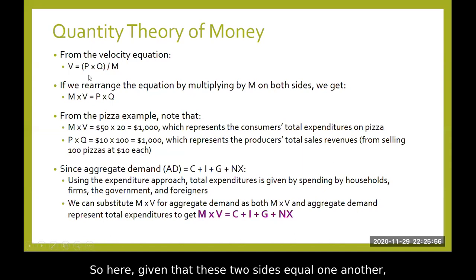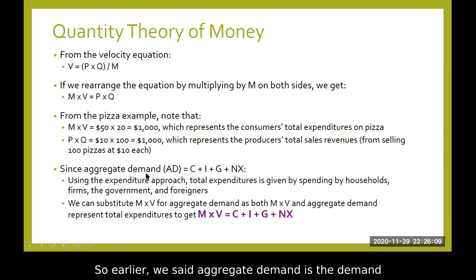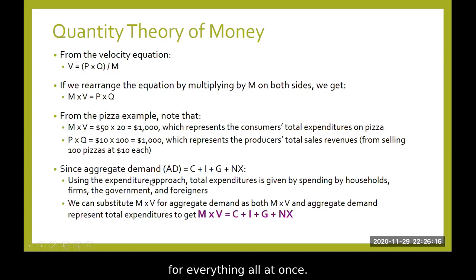So here, given that these two sides equal one another, we can substitute in M times V for aggregate demand. Earlier we said aggregate demand is the demand for everything all at once. So it's equal to total expenditures if we use the expenditure approach to measuring GDP.